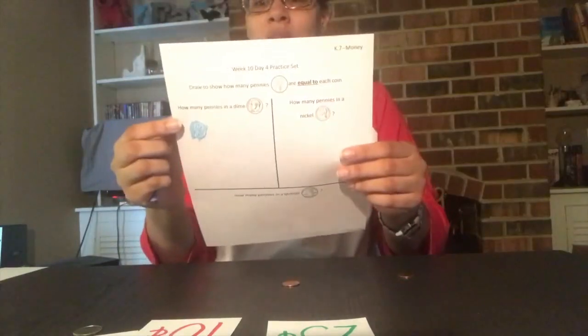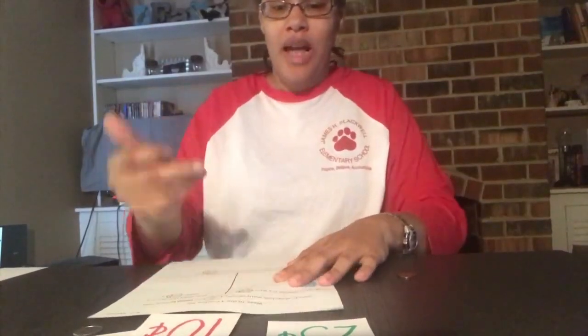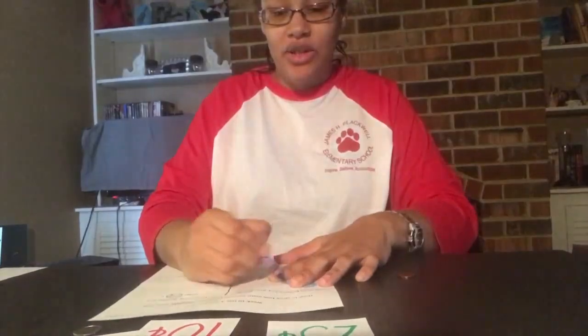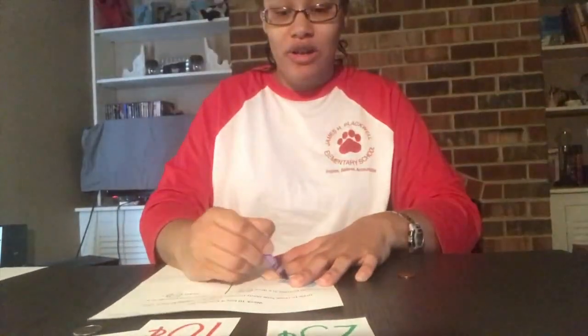So instead of having to draw the detail in the coin, we can just rub right on top. So I'm doing how many pennies in a dime. A dime is worth 10 cents. So that means I need to draw or rub 10 pennies.